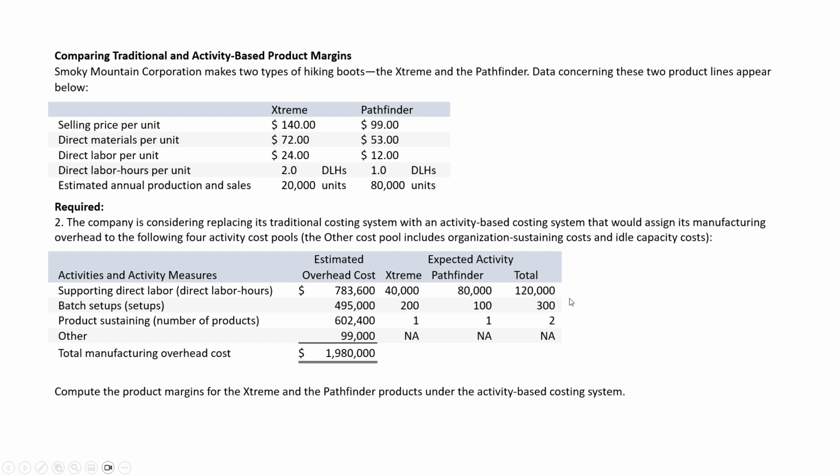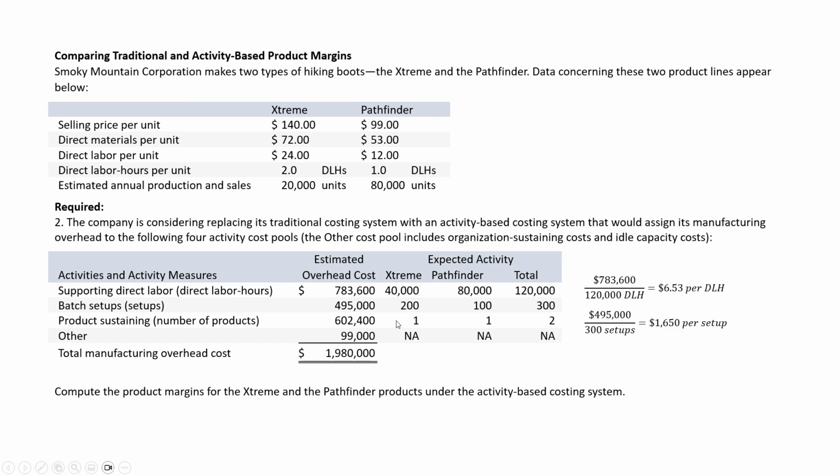The first thing we need to do is get activity rates for each of these. The estimated supporting direct labor costs of $783,600 divided by total direct labor hours estimated at 120,000 is $6.53 per direct labor hour. Batch setups of $495,000, divided by total estimated batch setups between the 2 different products of 300, would be $1,650 per setup.